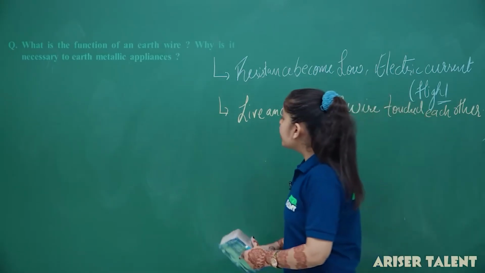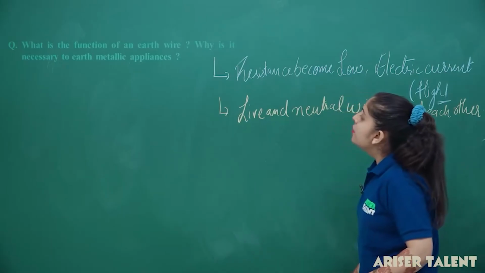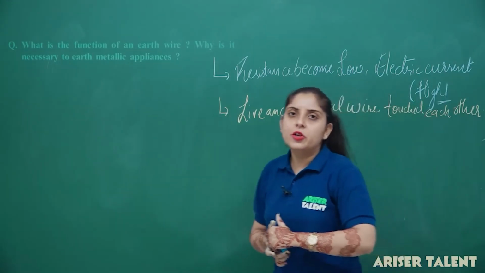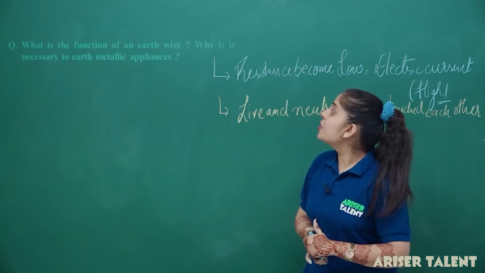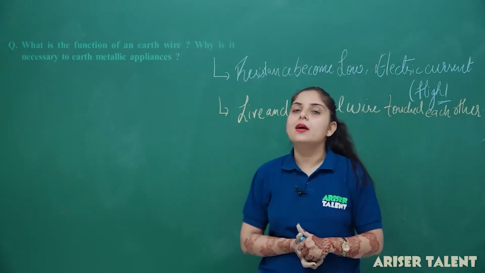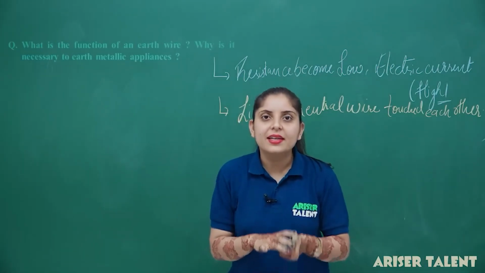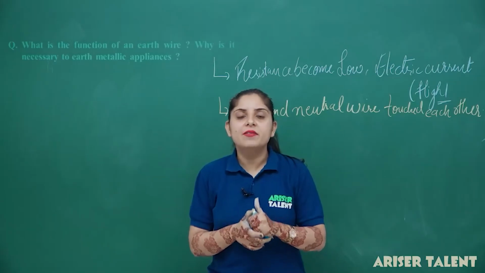This is our last question, and again the question is based on the earth wire, live wire and neutral wire concept. What is the function of the earth wire and why is it necessary to earth the metallic appliances? The role of the earth wire in electric circuits and appliances is very, very important.